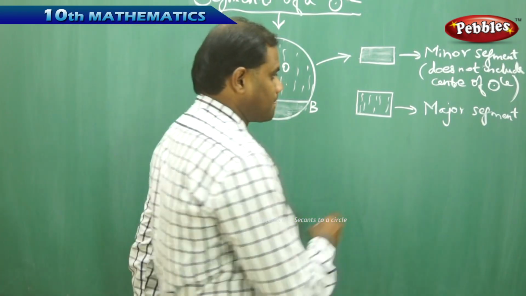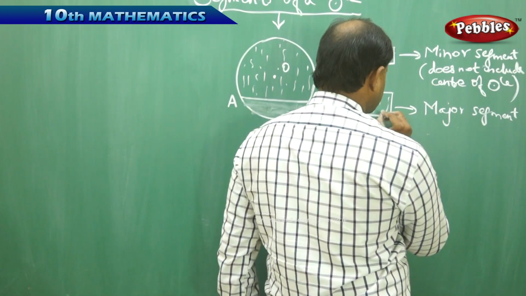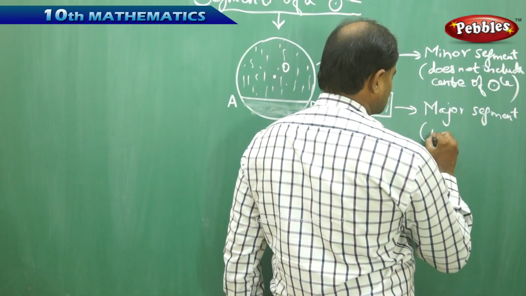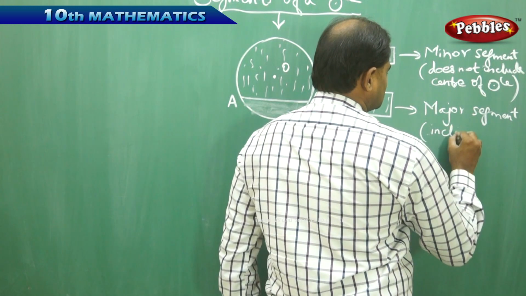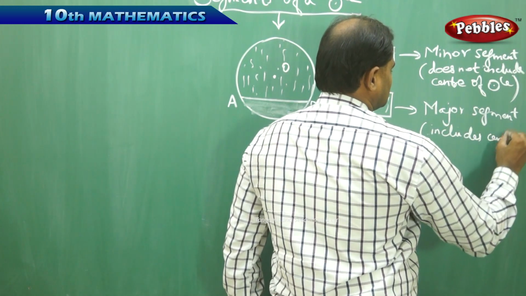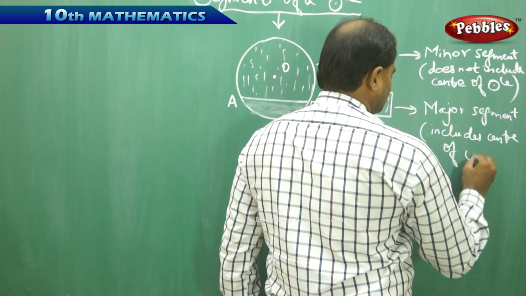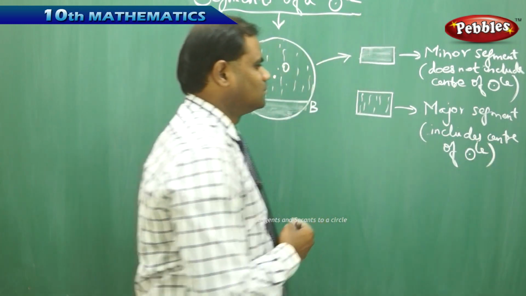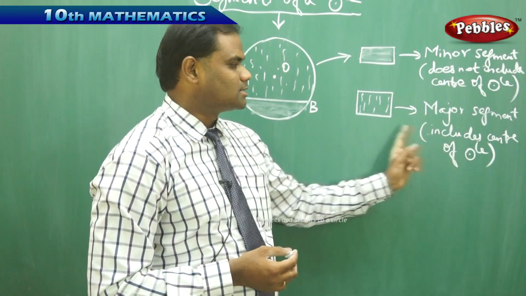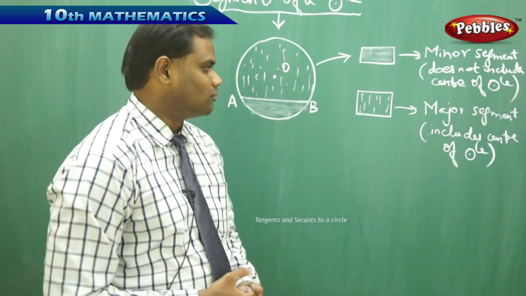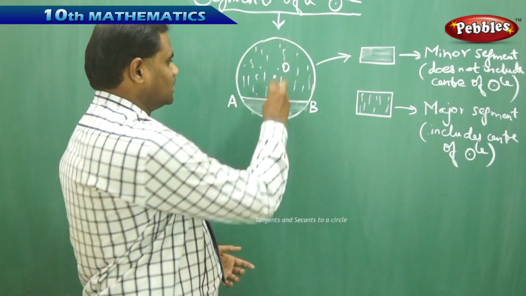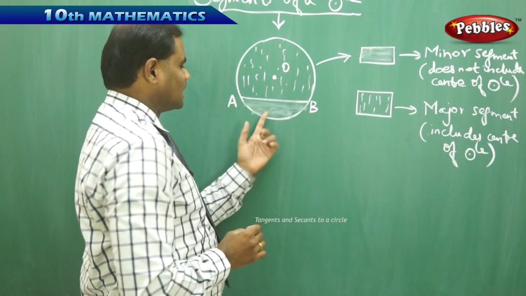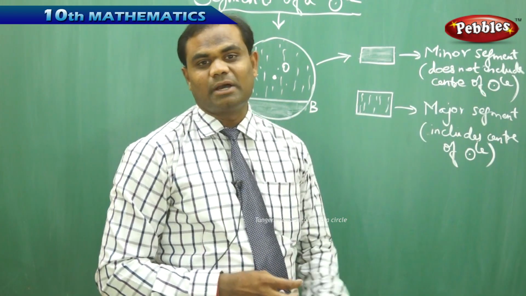This shaded region is called the major segment because it includes the center of the circle. Therefore, this whole area is called the major segment, and this whole region is called the minor segment.